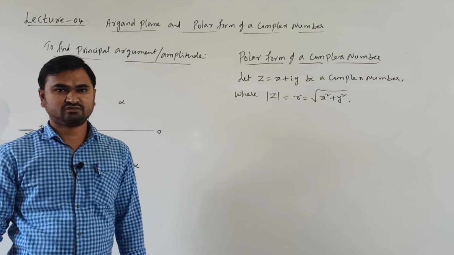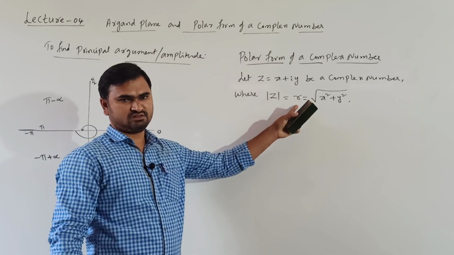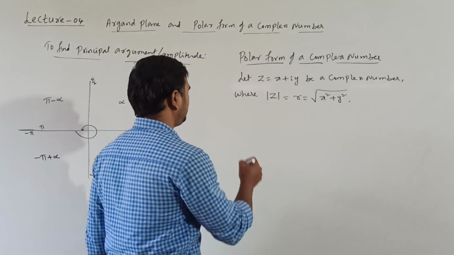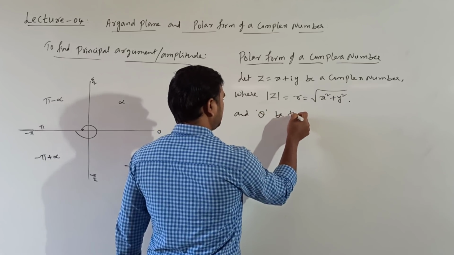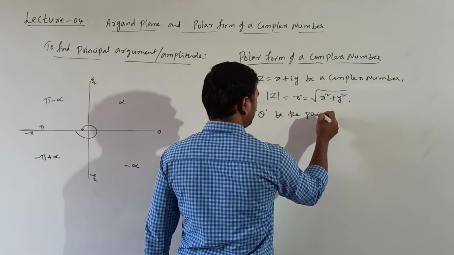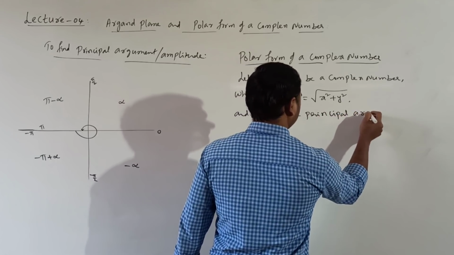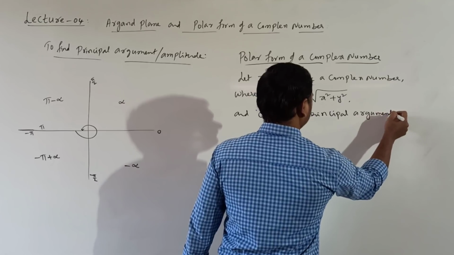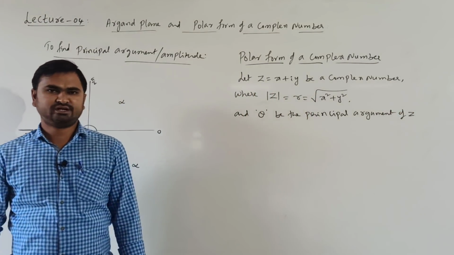Modulus of complex number we know, mod z, I am denoting it by r, root of x square plus y square, and let theta be the principal amplitude or argument of z.